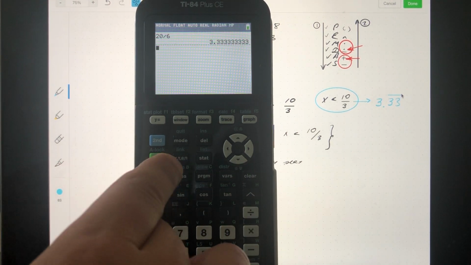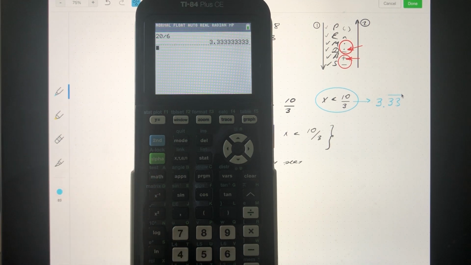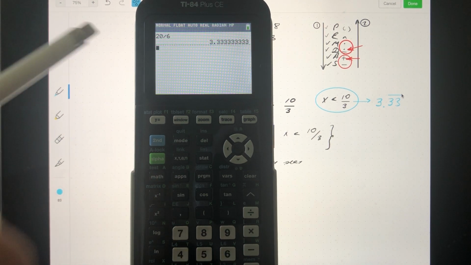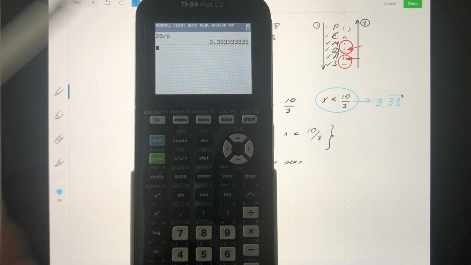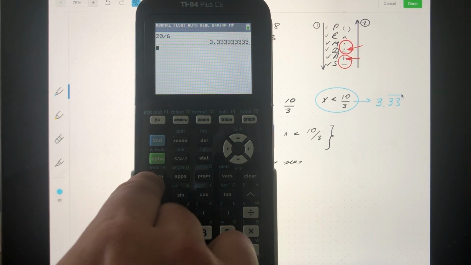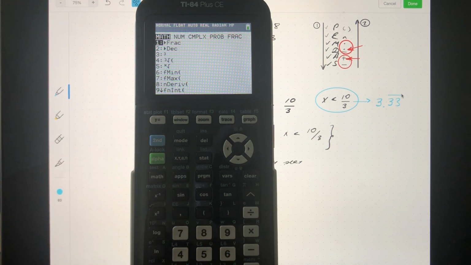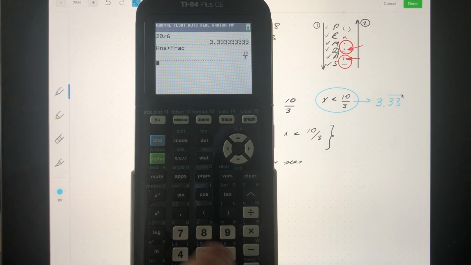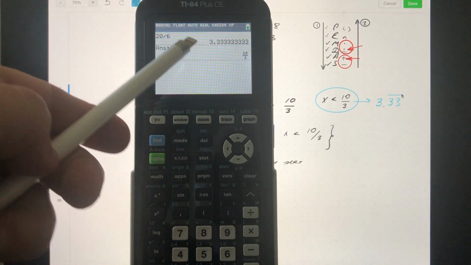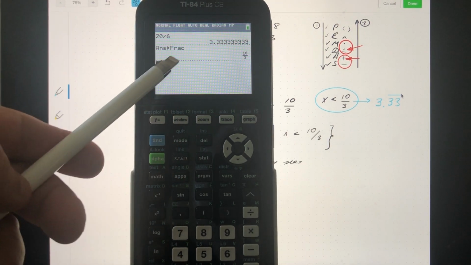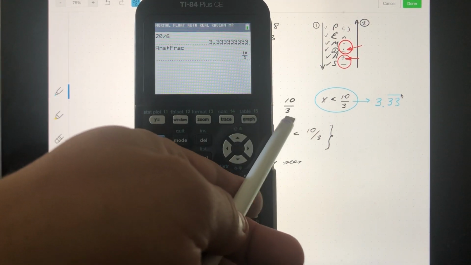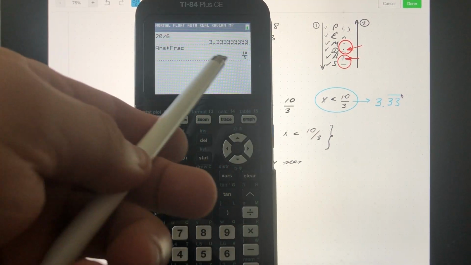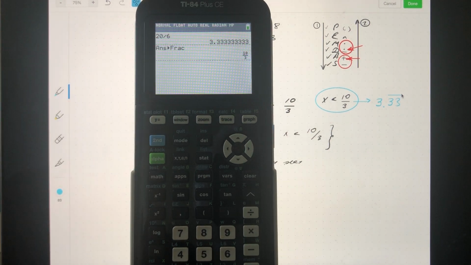Now, when we go back to the fractions, the calculator will convert the answer only, and will convert it to the simplest fraction, not the original. So when we go to math, change into fraction is the first choice. The answer is 10 thirds, not 20 thirds. So on the test or homework, if we wanted to use the calculator to reduce, then we can get this 10/3 by simply using the division and going back to fractions.